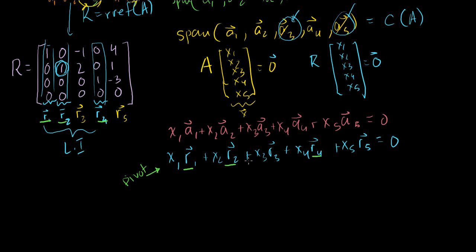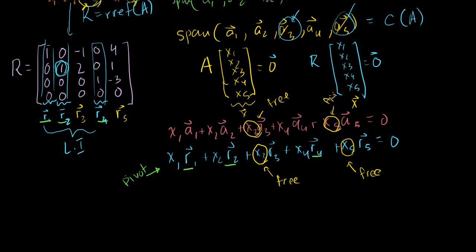So the free variables in this case, x3 and x5, are free variables. And that applies to A. This solution set, all of the vectors x that satisfy this equation also satisfy this equation, and vice versa. They're the exact same null space, the exact same solution set. So we can also call this x3 and this x5 free variables.